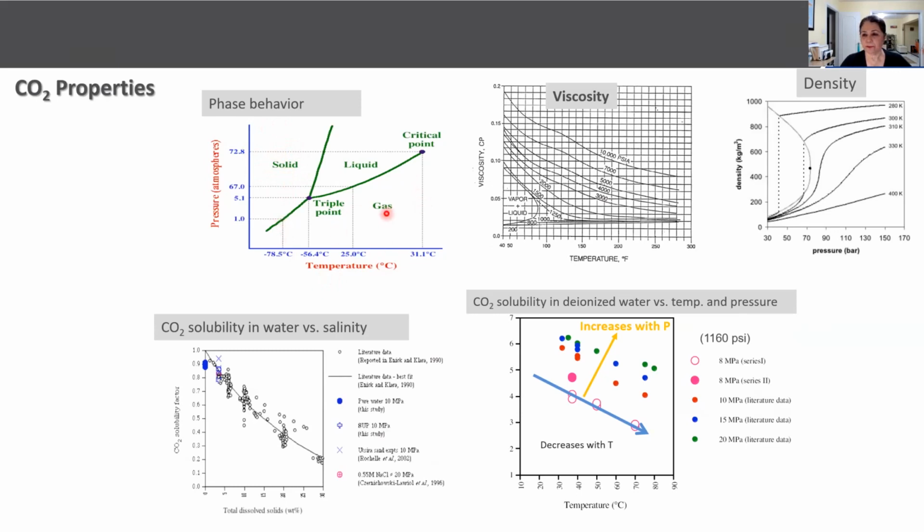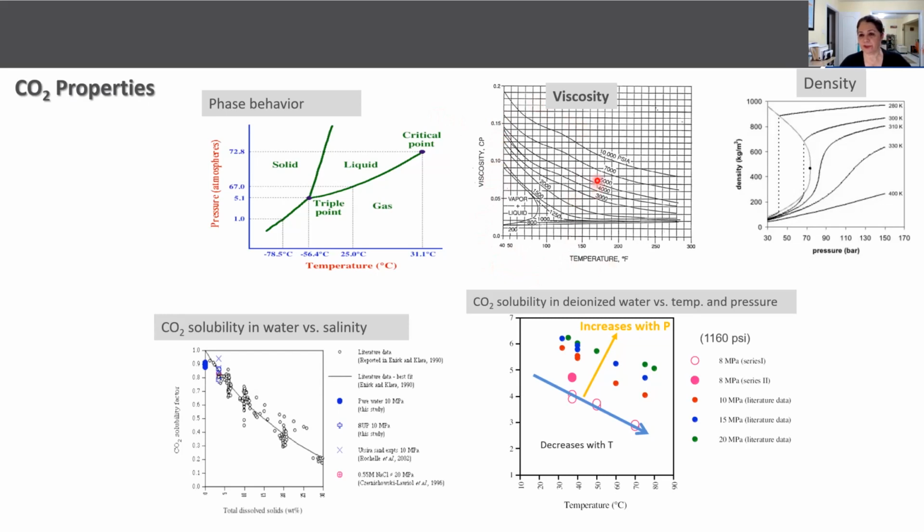You can form a gaseous CO2 in subsurface, or if you are beyond critical point, you can have liquid CO2, so-called supercritical CO2. So that transition of the phase behavior of CO2 and corresponding properties of it is very critical when we're looking at CO2 EOR or CO2 storage in aquifer or depleted reservoirs.